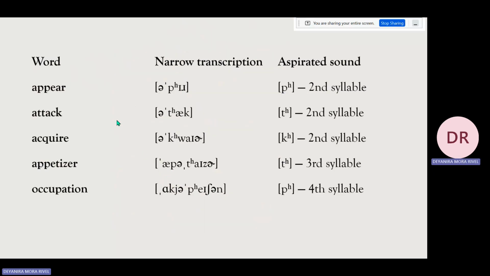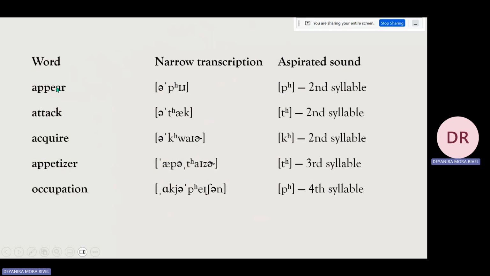Okay, here we have some more where there's aspiration in the second syllable. The only thing that is shown here is the aspiration. If there are other allophones, they're not shown.